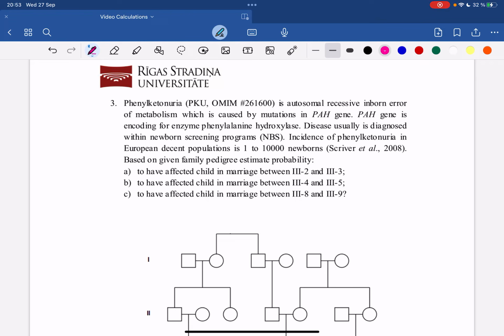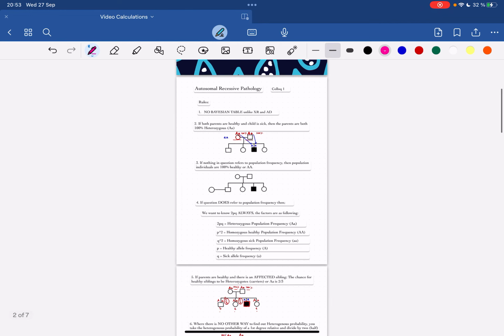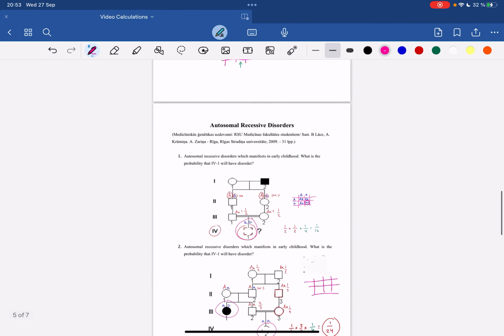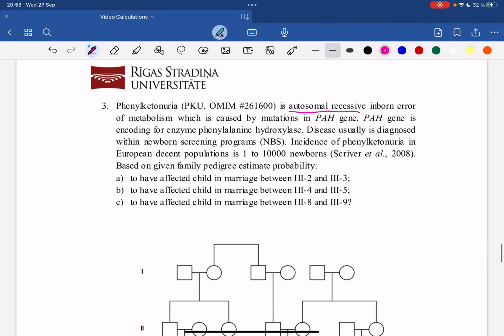Remember that you're not always going to immediately know if it's autosomal recessive, X-linked recessive, or autosomal dominant. You always have to read that from the question so that you know that you're following the right rules, because the rules are going to be different depending on which type of illness you're dealing with. It's important that you know for sure that you're on the right track.